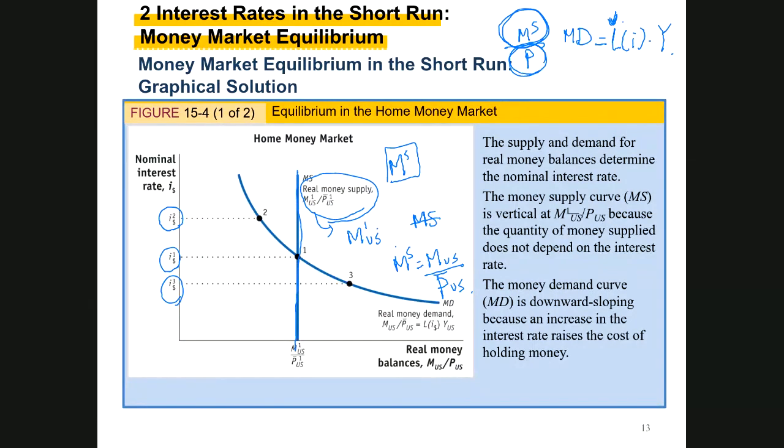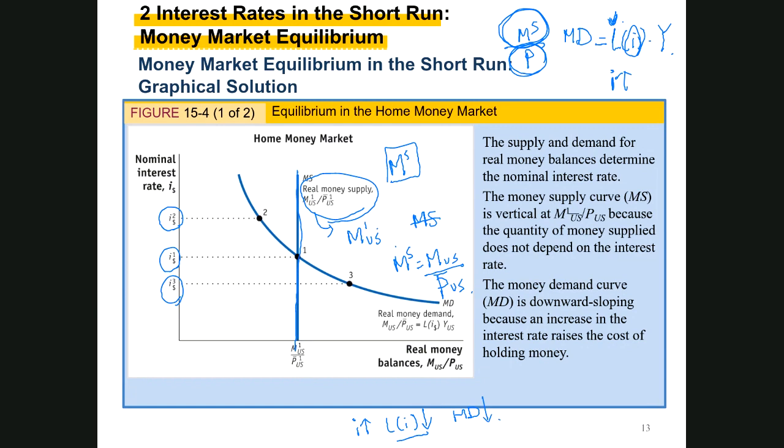So if the interest rate becomes bigger, the money demand will drop. Think about it: if the market's interest rate increases, people will tend to save their money in the bank, so the liquidity of money will drop. If the liquidity of money drops, the money demand is supposed to drop.